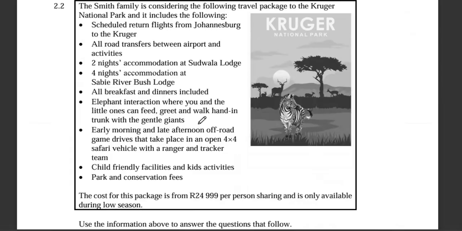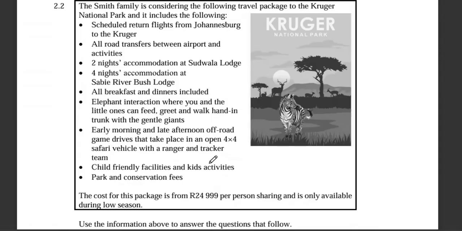Elephant interaction, where you and the little ones can feed, greet and walk hand in trunk with the gentle giants. Early morning and late afternoon off-road game drives that take place in open 4x4 safari vehicles with a ranger and tracker team.